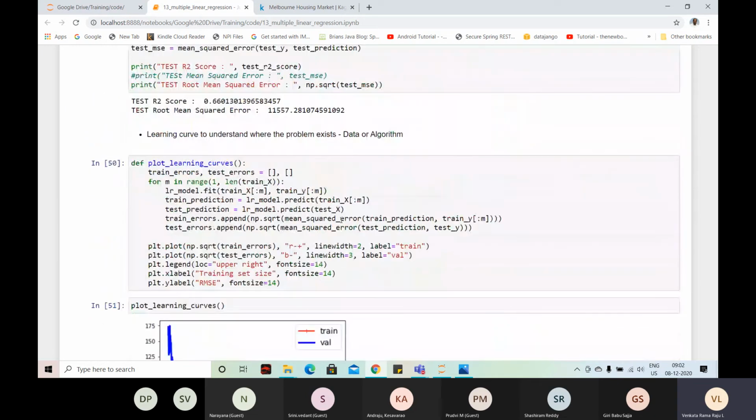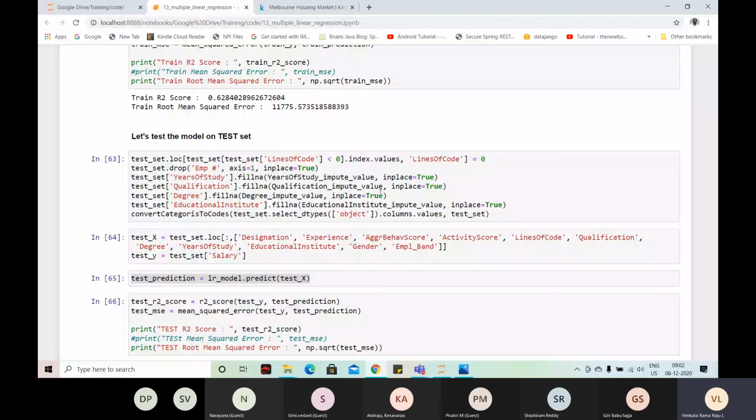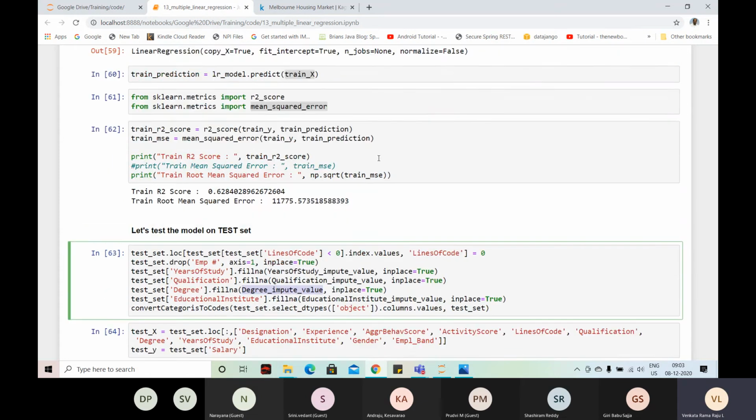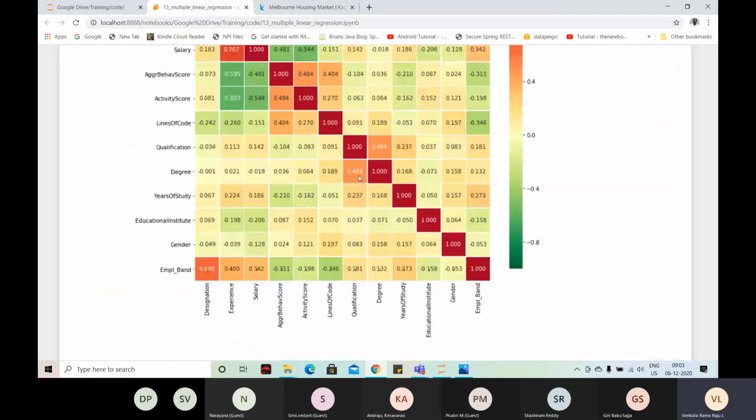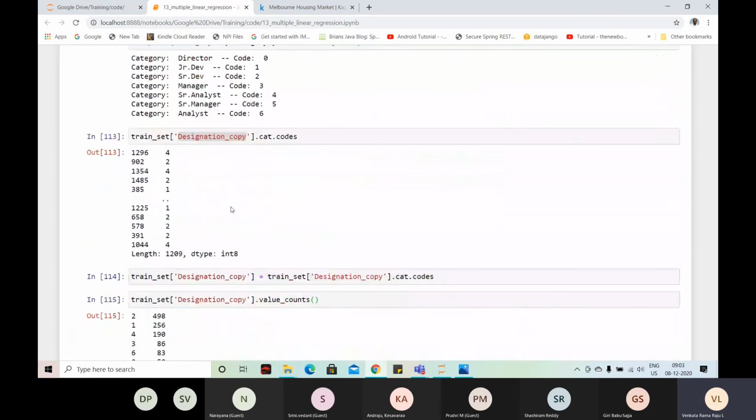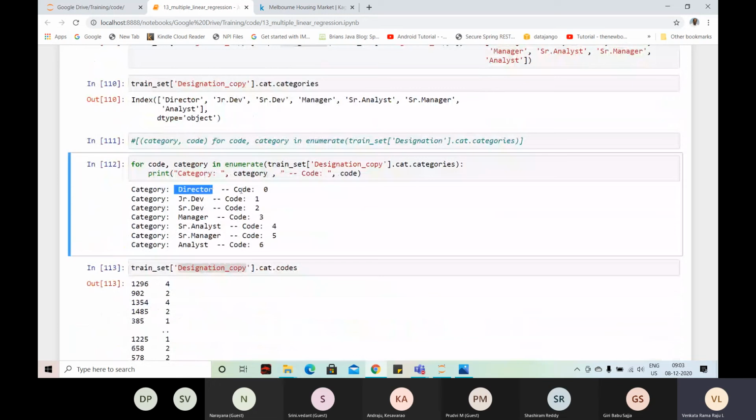While applying data transformations on the test set, you should make sure you are using the same thing. See this years of study, right? All these values are captured in the train set and I'm using them in the test set. Like that, you should use the same mapping in the test set also. That way the model will work well. Tomorrow I'll explain that. When you assign 0 to director, it will not affect salary calculation negatively.